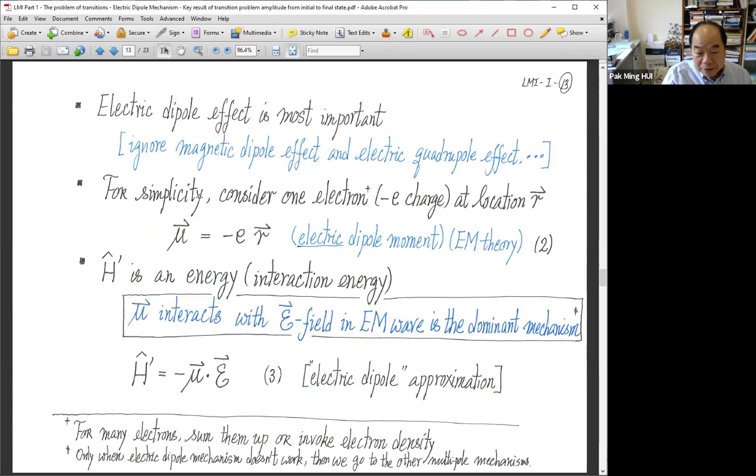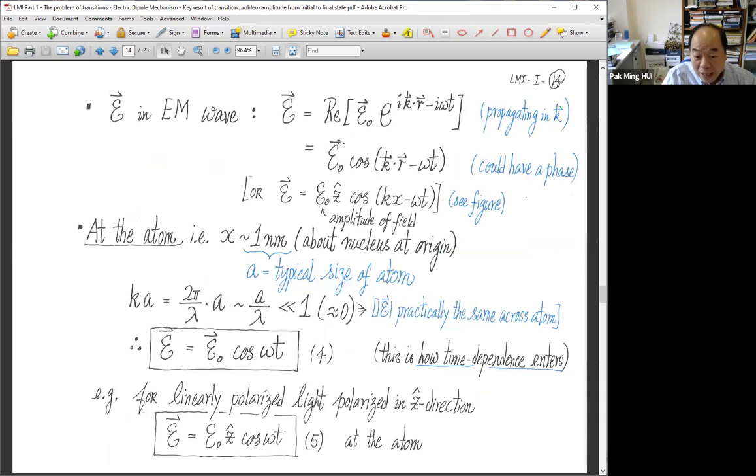By that we mean we can ignore this kx part, because x is the location of the electron, that is to say, it goes through the dimension of the atom, and k is 2 pi over lambda.